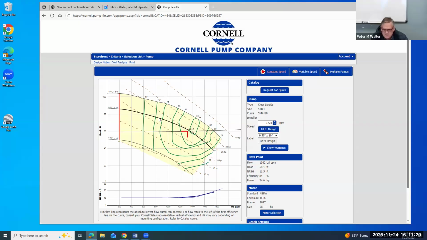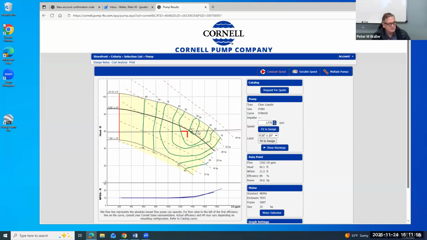Which means this is the impeller they make at the factory, but you can ask them to change it. Like, let's say our operating point was right here. We could ask them if they could make us an 8.5-inch impeller right in between, and that would operate down here. But our operating point is right here.